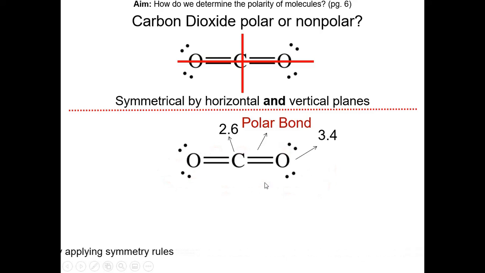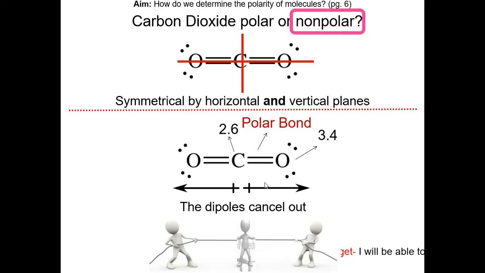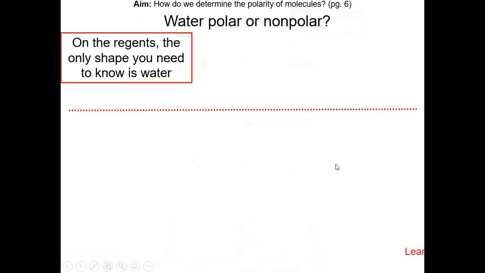Since carbon dioxide is a linear compound, the dipoles are facing in opposite directions, therefore they will cancel out, and since they cancel out, CO2 is considered a nonpolar compound. You can use either method on the regents, although the second method involving checking if the dipoles cancel out is a better method.